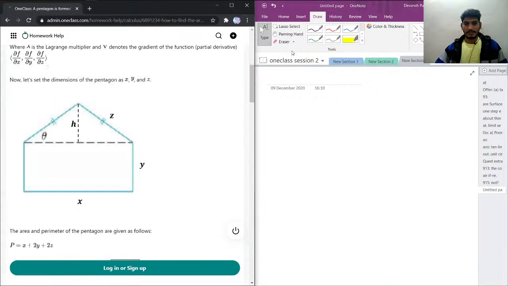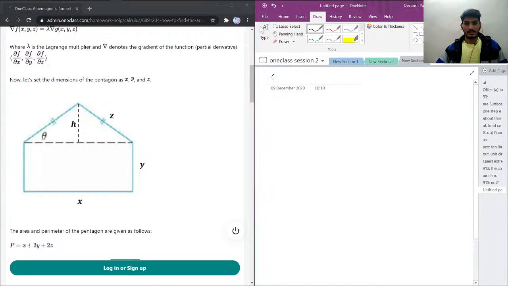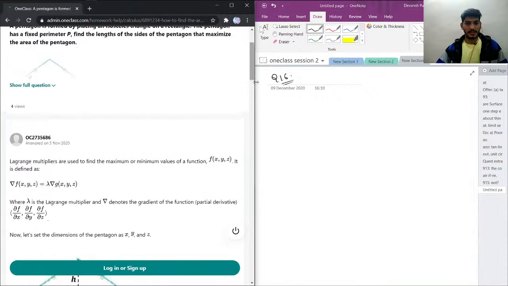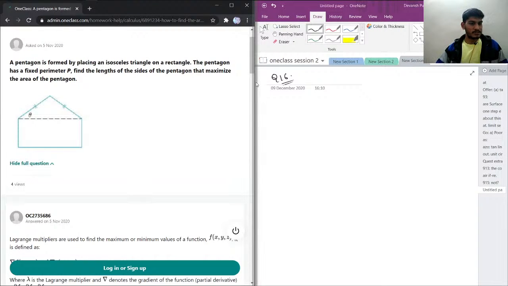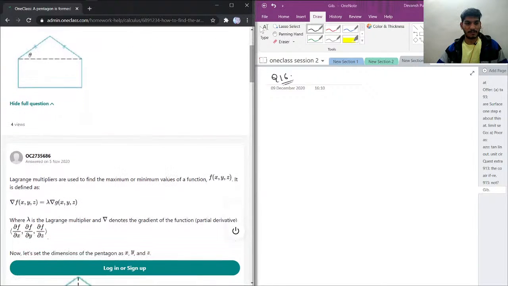This is going to be question number 16. A pentagon is formed by placing an isosceles triangle on a rectangle. The pentagon has a fixed perimeter P. Find the lengths of the sides of the pentagon that maximize the area of the pentagon.